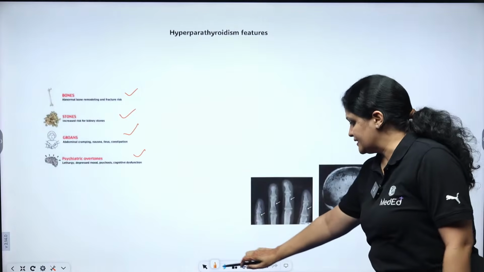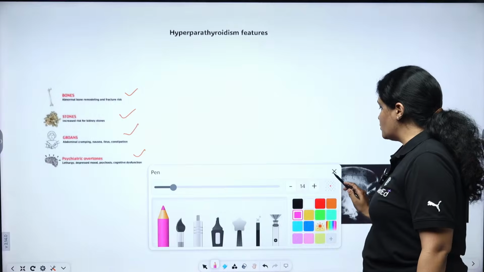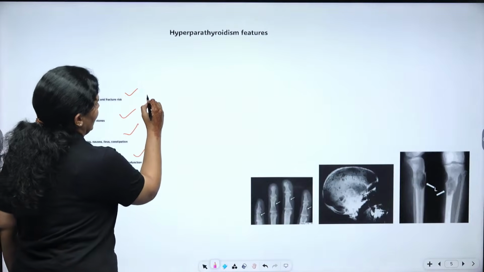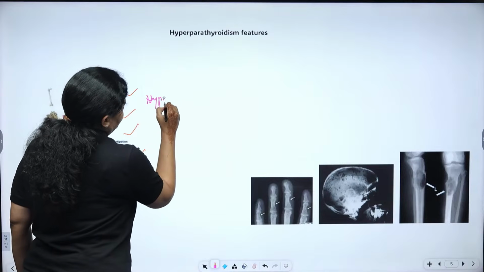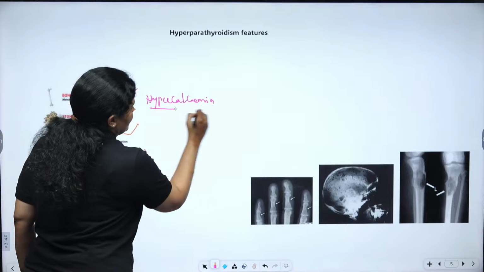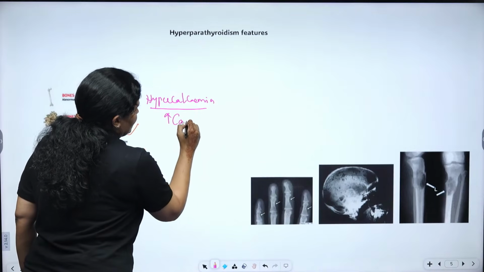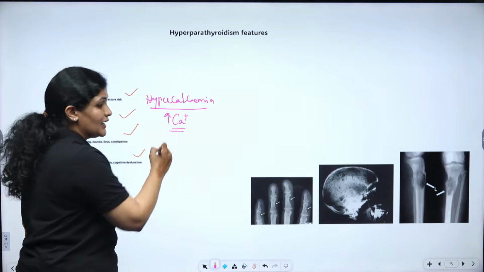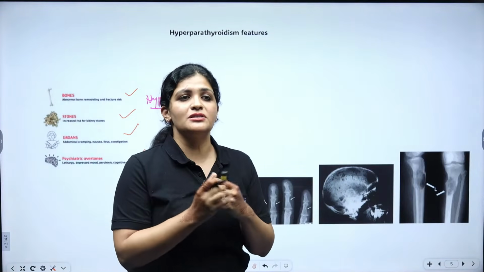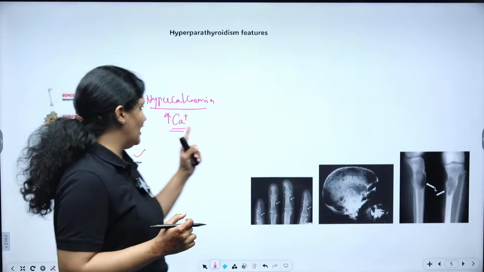So why is this happening? This is happening because of the hypercalcemia. All of this is because of hypercalcemia. Whenever there is an increase in the calcium, why is this calcium increased? From the bones. There will be bone resorption, which causes a rise in the calcium, so we'll have bone pains.